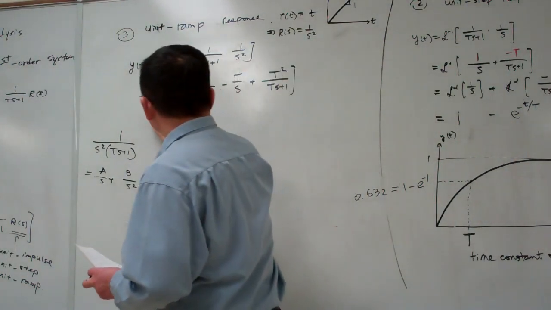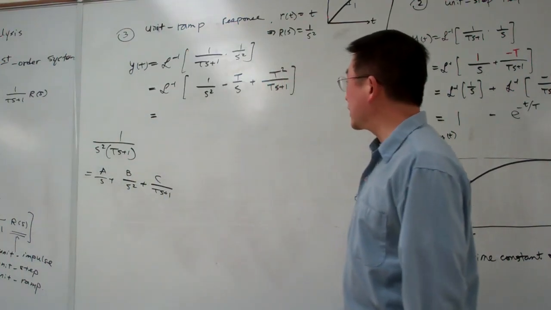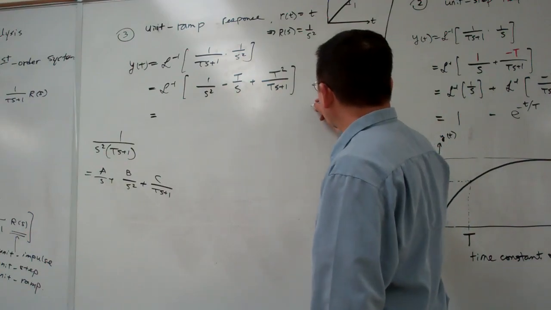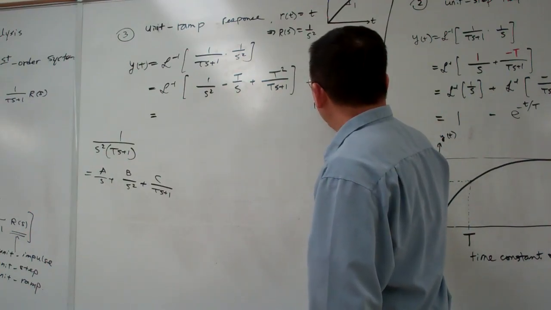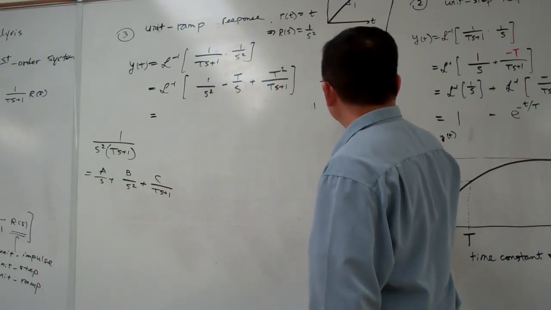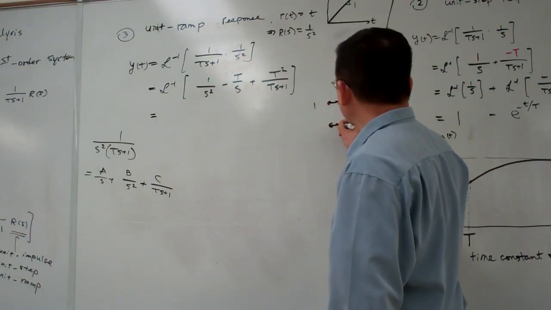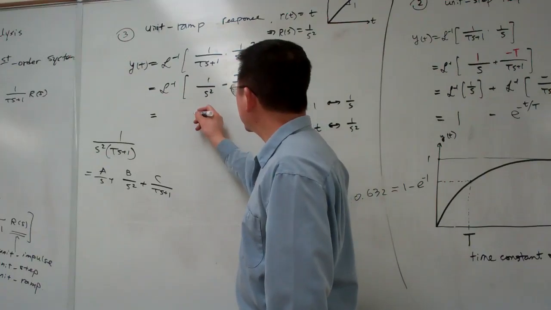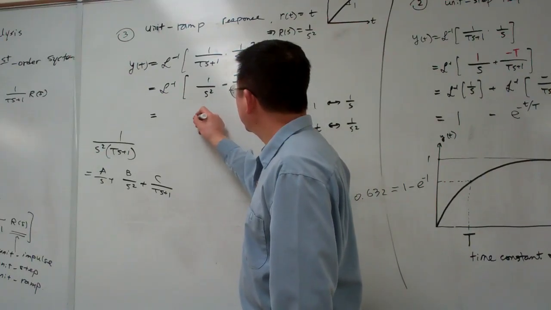So there we individually take the inverse Laplace transform of the individual terms. We know 1 over s corresponds to 1, and 1 over s squared corresponds to t. So we copy from here: the first term is t.